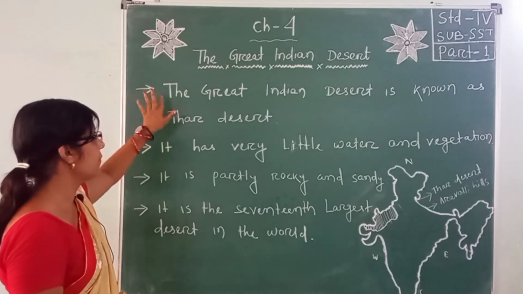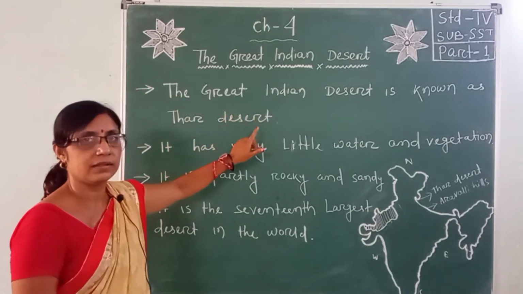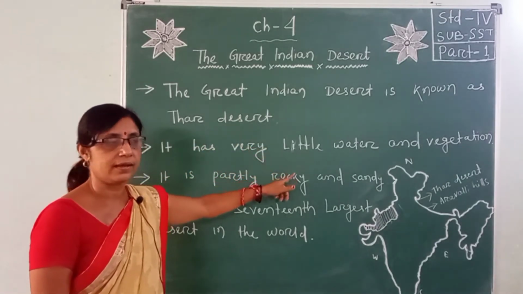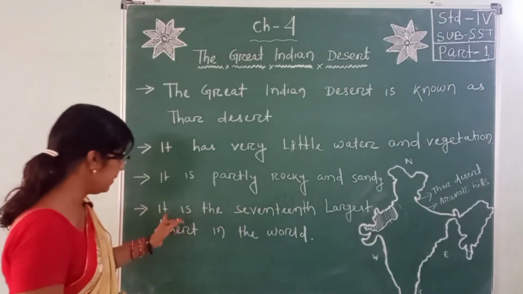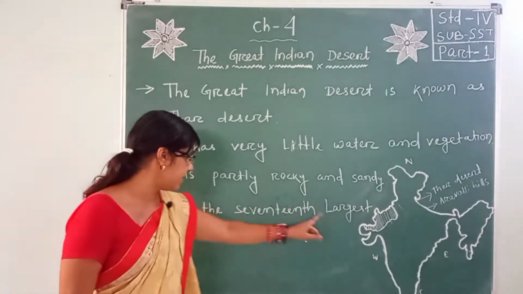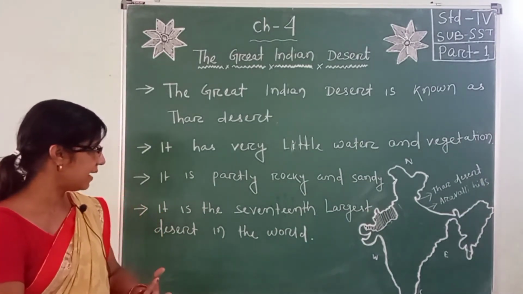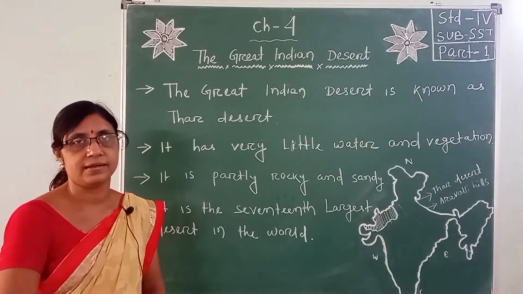Look at the blackboard. The Great Indian Desert is also known as the Third Desert. It has very little water and vegetation, and it is partly rocky and sandy. It is the 17th largest desert in the world, and the largest desert in the world is the Sahara Desert.